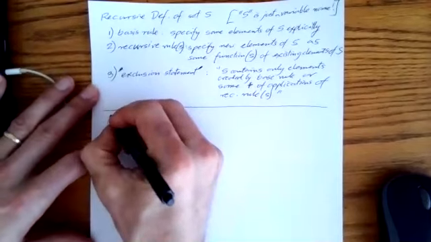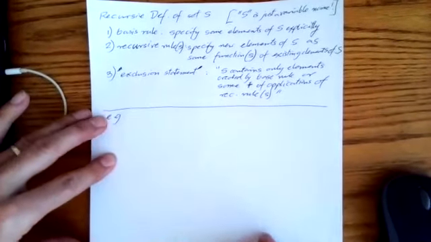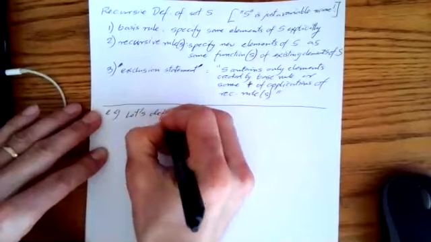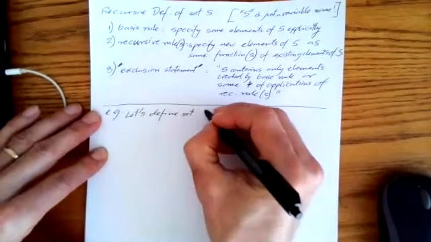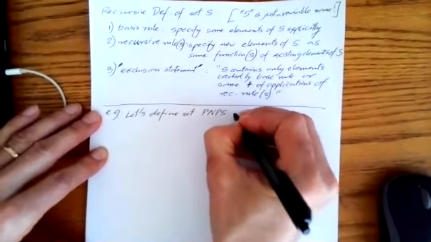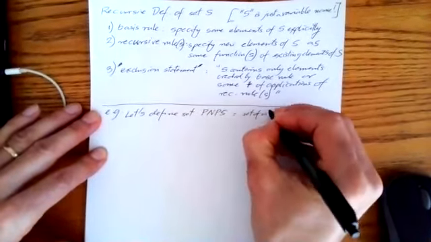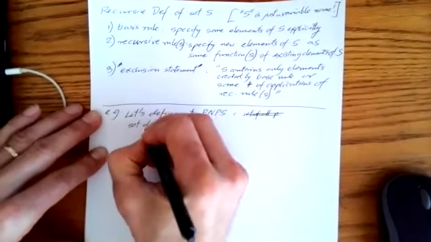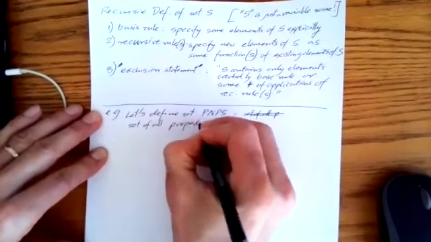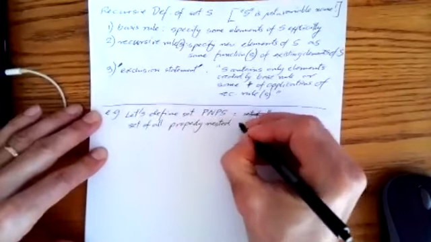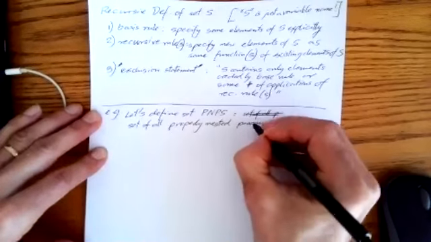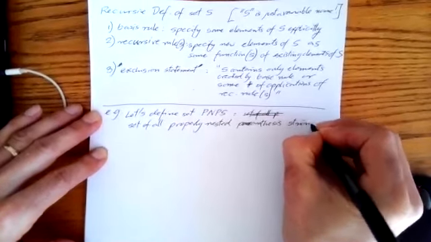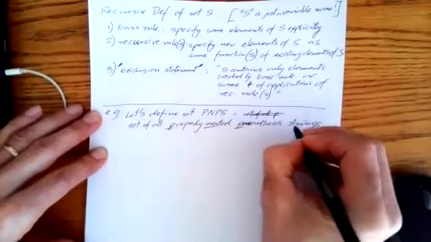The first example we'll look at is the same as in the book: let's define a set, I'm going to call it PNPS, which is a set of all properly nested parentheses strings.